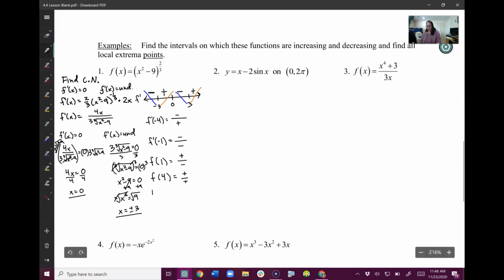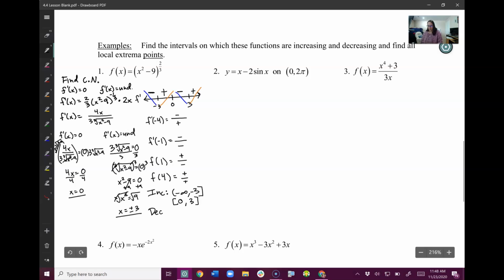So we can say that this function will be increasing from negative infinity up to negative 3 bracket, from what we learned in the last video, and from 0 to 3, right there.